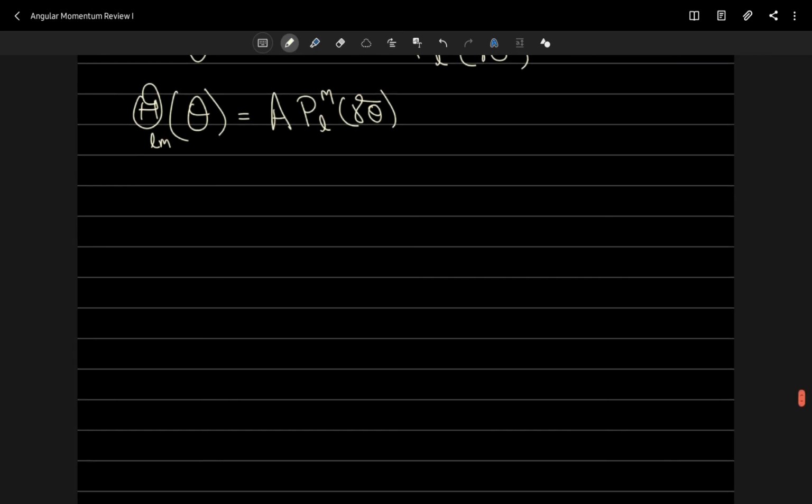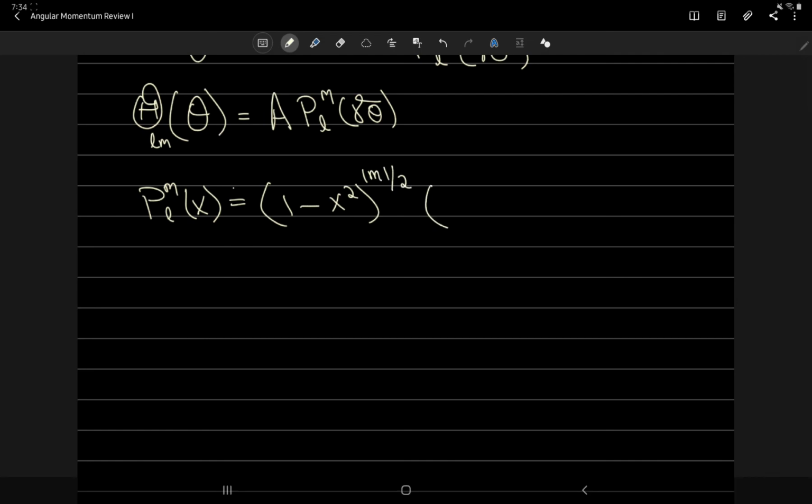Let me write down what it is. It is defined, with some variable x, as a function of x: P_l^m(x) equals (1 minus x squared) to the power of absolute value of m over 2, times the derivative with respect to x to the power of absolute value of m, of P_l(x).